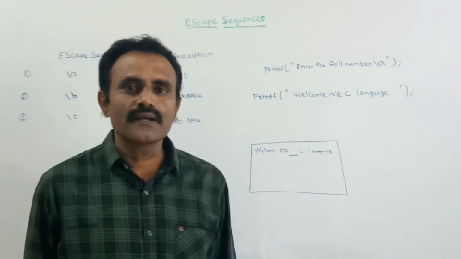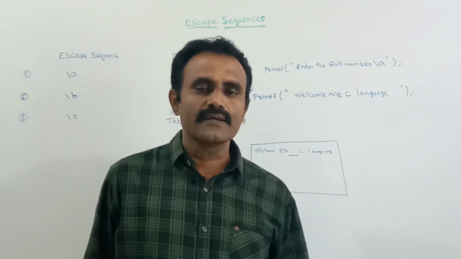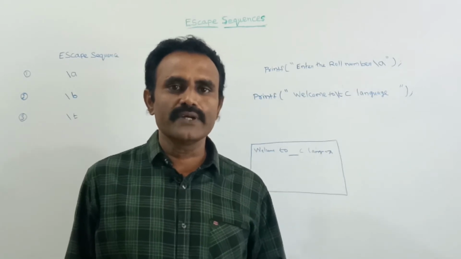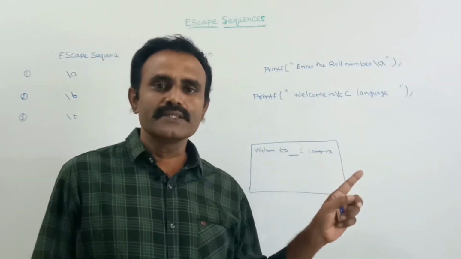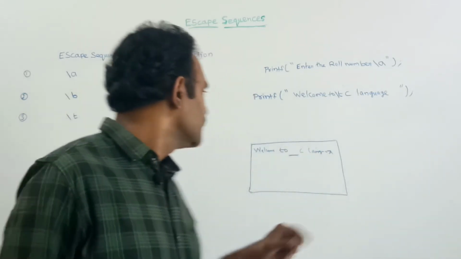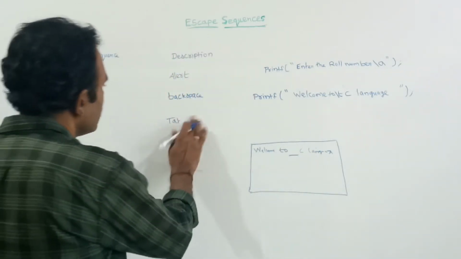Total rows and columns in a display screen will be 25 rows and 80 columns. Here the tab space is the horizontal tab. See, slash t is used for horizontal tab.